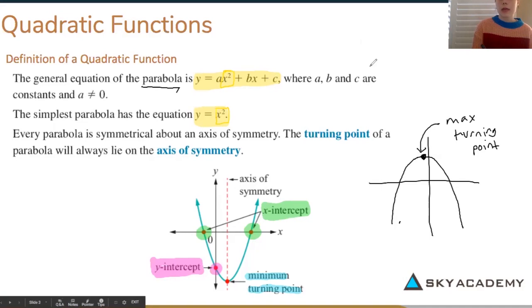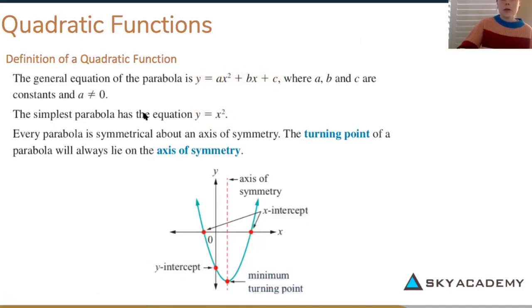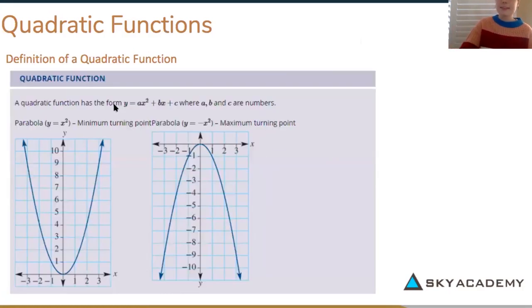So let's have a look at an example of a parabola, and let's see if we can point out some of these features. But first, just quickly, here is a positive parabola where y equals x squared, and we have a minimum turning point here. And here is a negative parabola where y equals negative x squared, and we have a maximum turning point here.